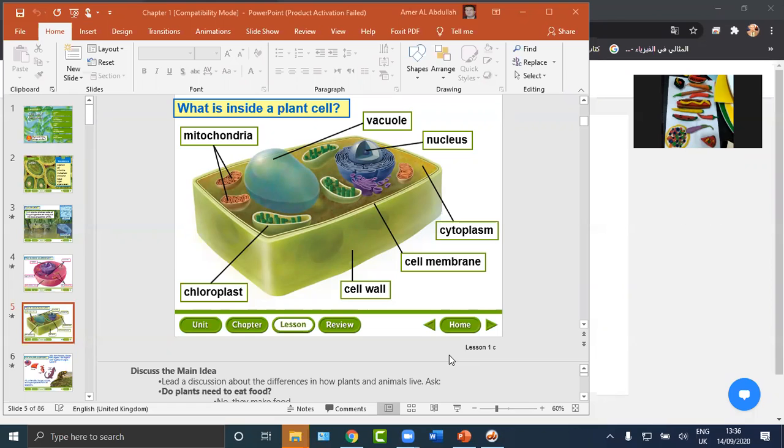Now, I want to ask you questions. How do organs compare to organ systems?